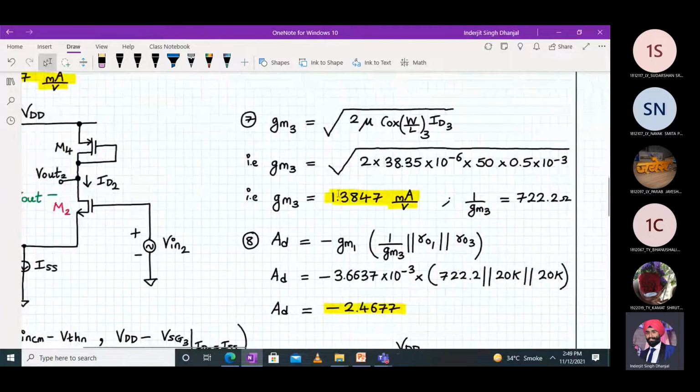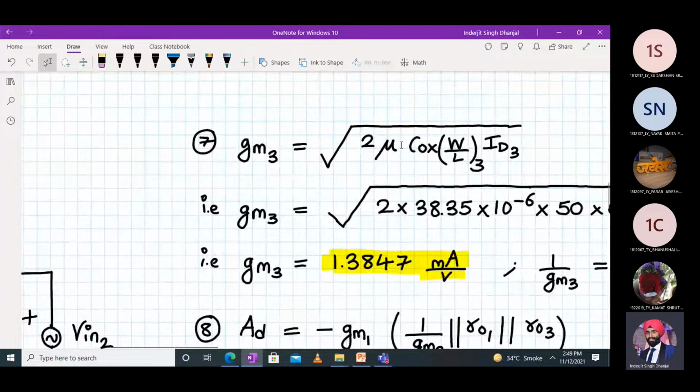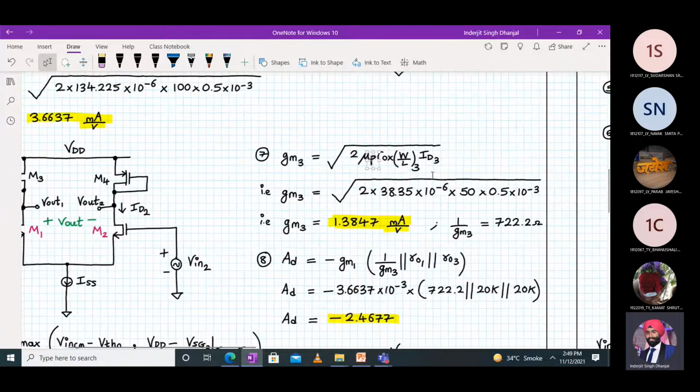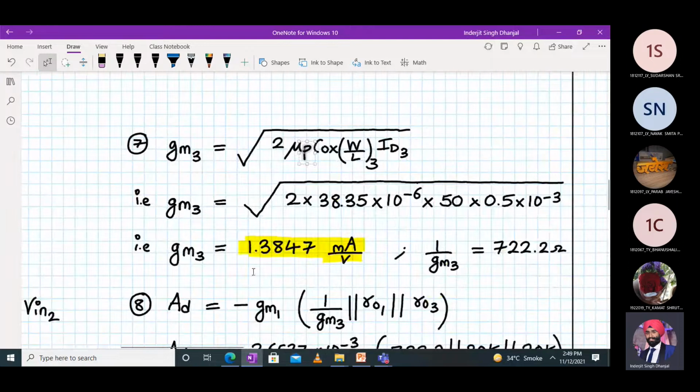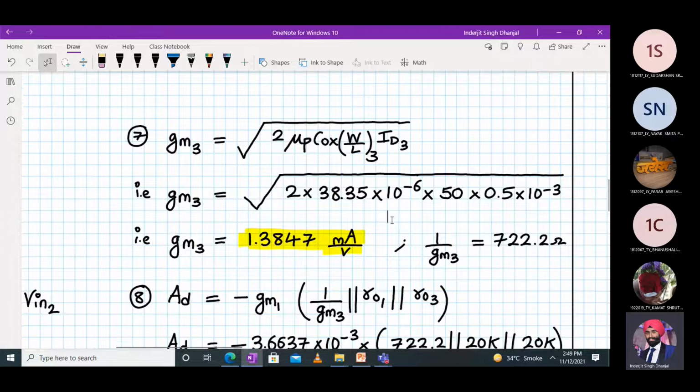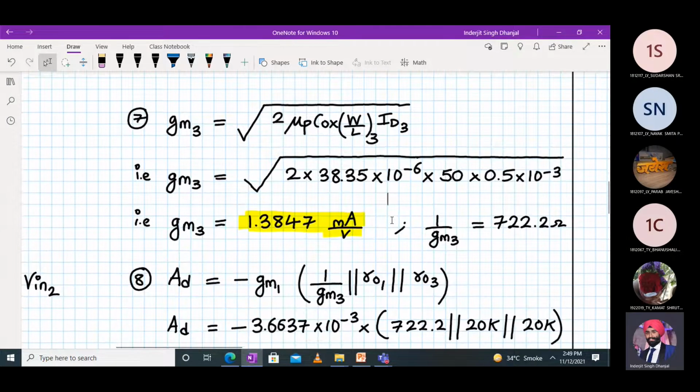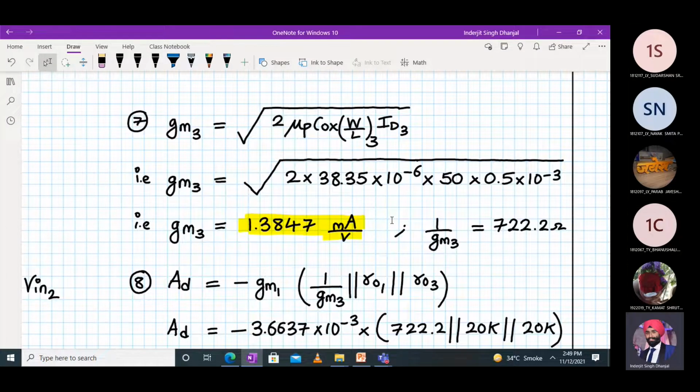Is it this value which you see on the front of your screens? GM3 is how much? 1.3847 milliampere per volt. Is it the same? Okay, you are all still calculating.